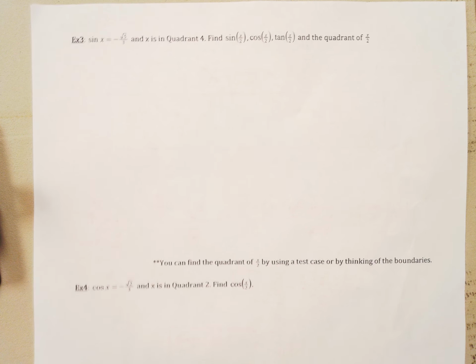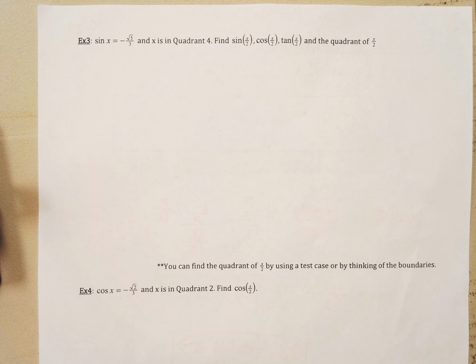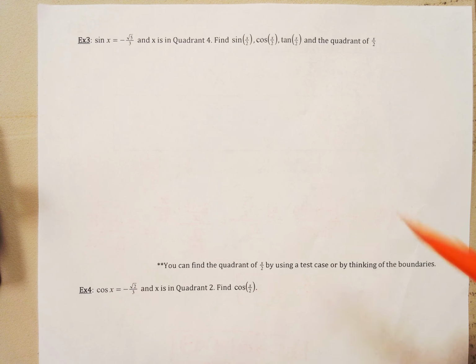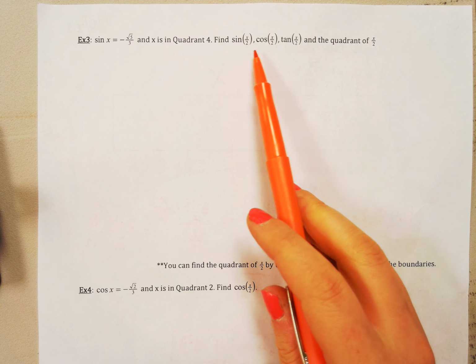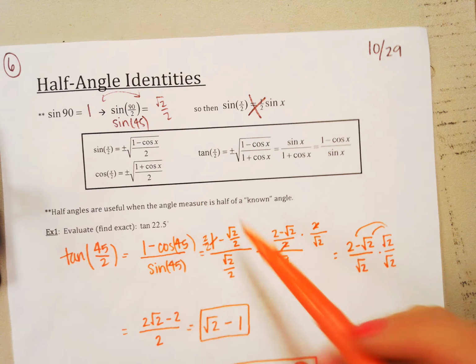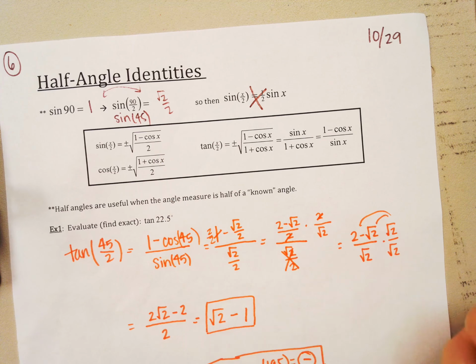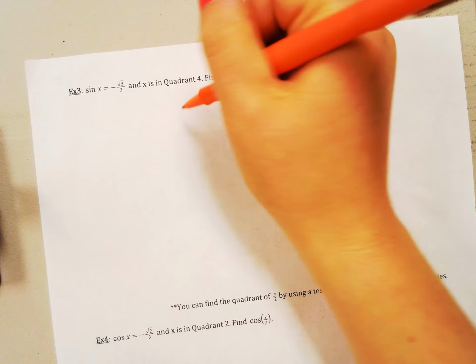This one is like one of those longer ones where we're finding everything. So right now I know that my sine of x is root 5 over 3. I know that my x value is in quadrant 4, and I'm trying to find sine of x over 2, cosine of x over 2, and tangent of x over 2. Well, there's really only one thing that I can use for sine and cosine, so I'm going to write those out.